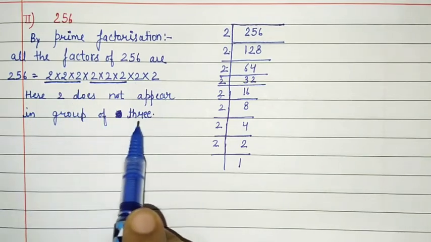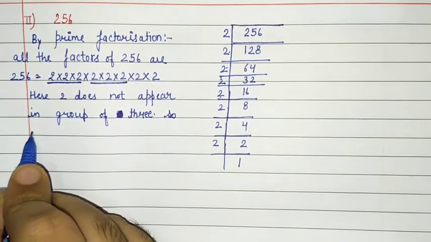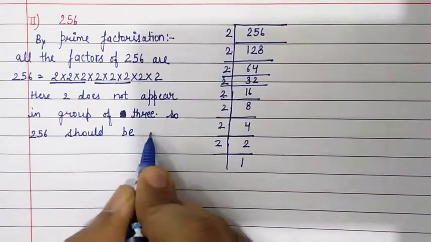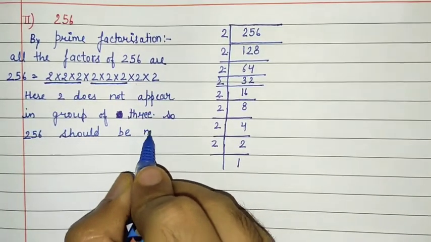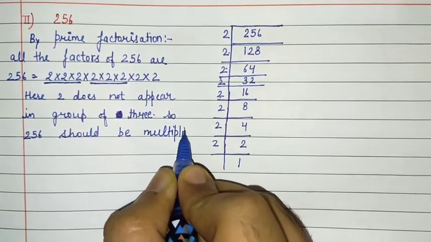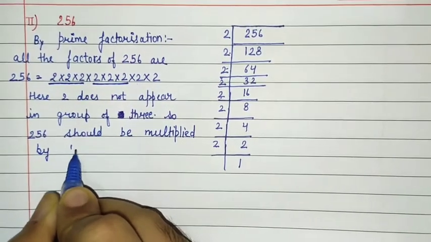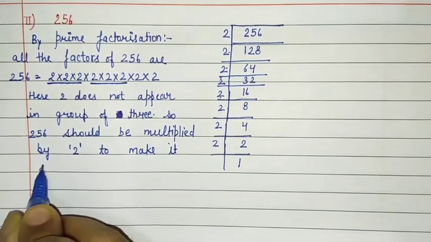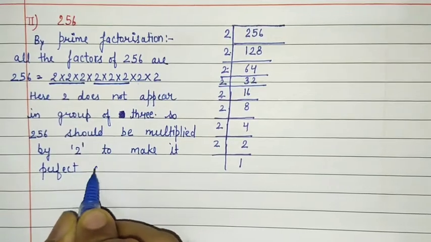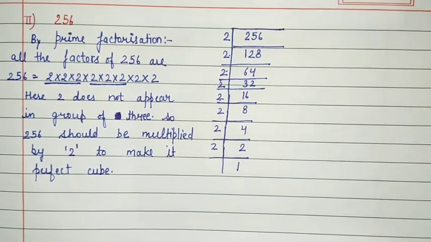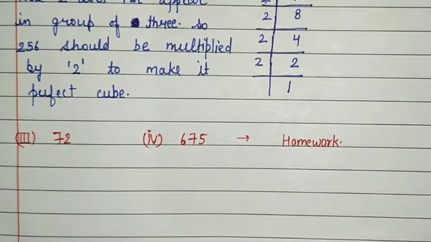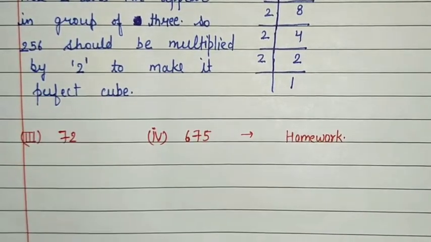Here 2 doesn't appear in a group of 3, so 256 should be multiplied by 2 to make it a perfect cube. Now the third and fourth parts are similar, and very simple, so you can try them yourself.